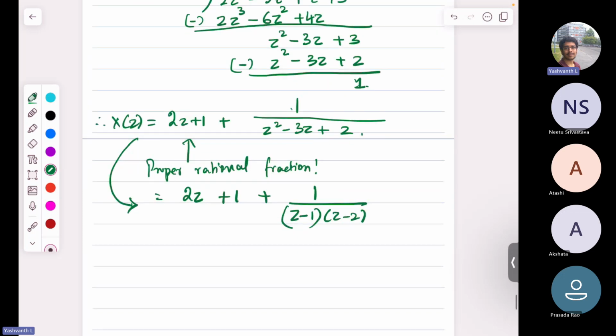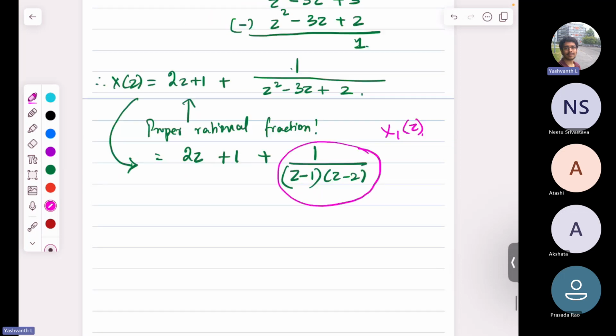Let me call this third term X1 of z. Let me first compute the partial fractions expansion of X1 of z.